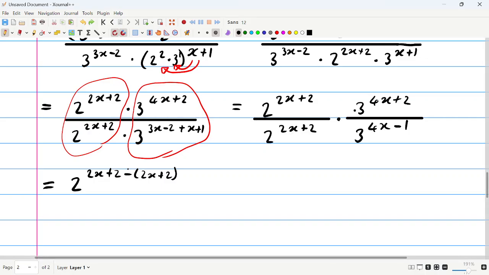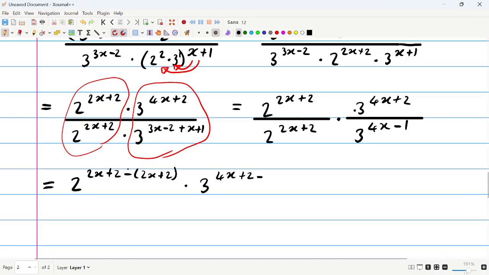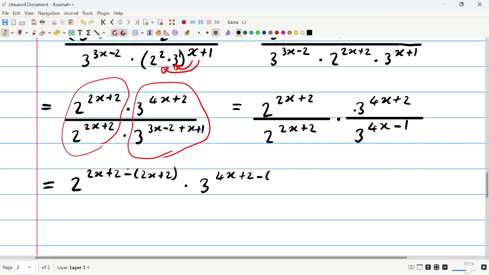Just remember that. You can try it without the bracket and see what it gives you. Does it cancel out, or does it just give you a different exponent? You can try that out. Multiply by 3 raised to the power of 4x plus 2 minus bracket, the bottom, 4x minus 1.